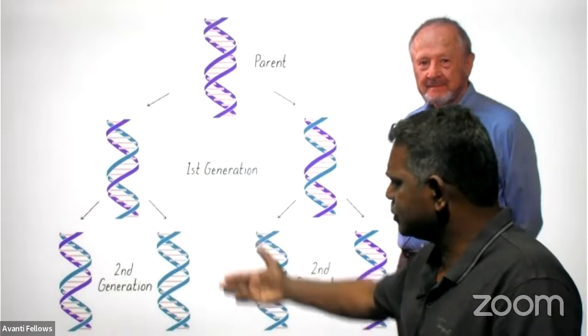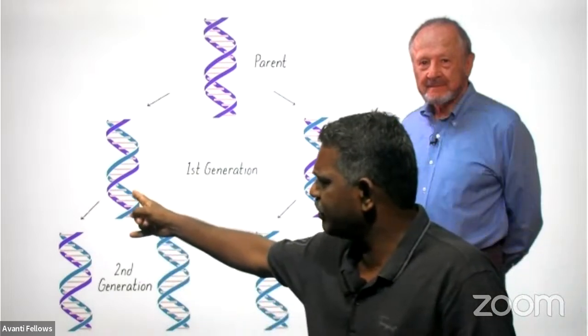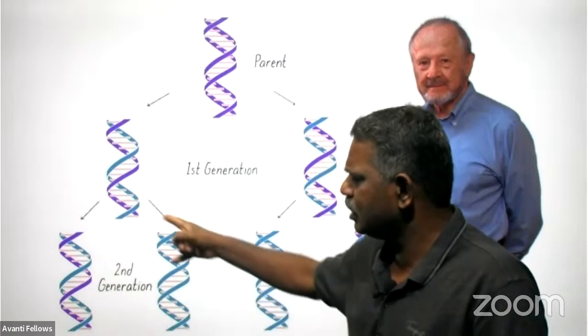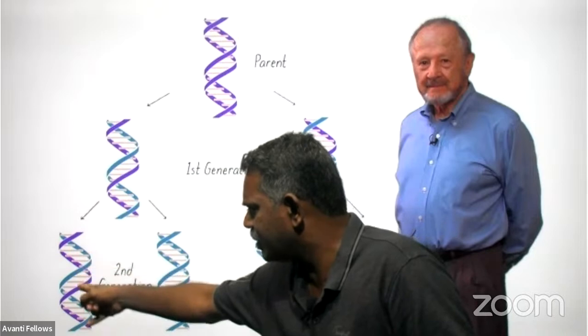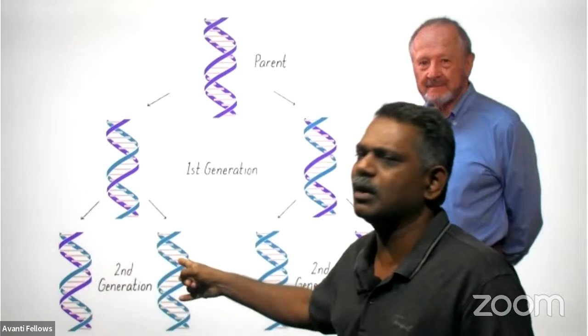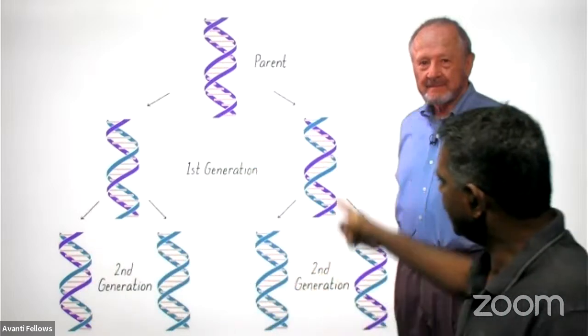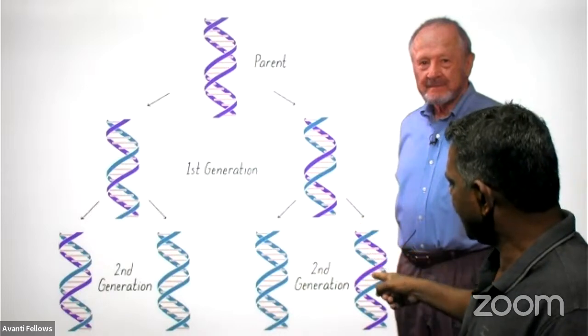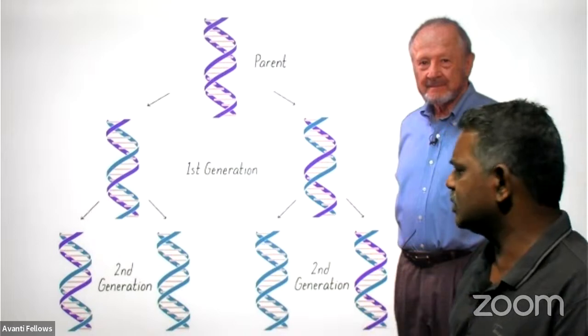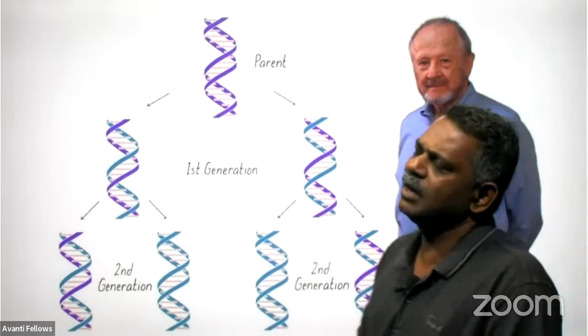And they got the next generation, and here what happened: this will produce two DNA, and here they got a hybrid one, and here they got a light one. In the same way, here also they got one hybrid strand, one heavy and another with light nitrogen, and here they got the light one.